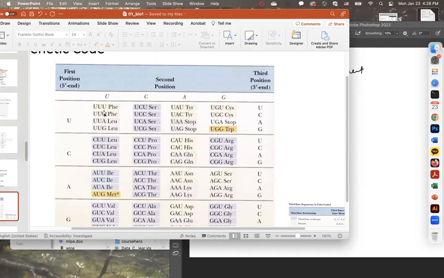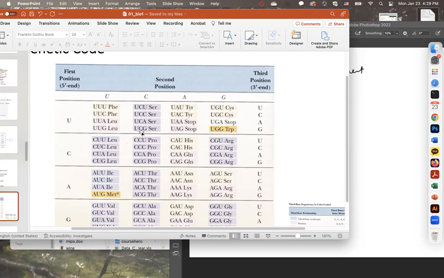As you can see, these 2 are mapped to PHE. You have 6 of them that, regardless of the particular codon sequences, all produce the leucine amino acid.